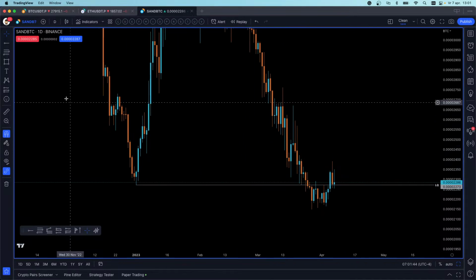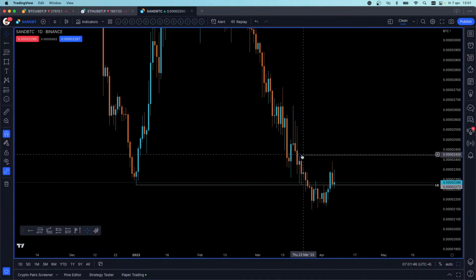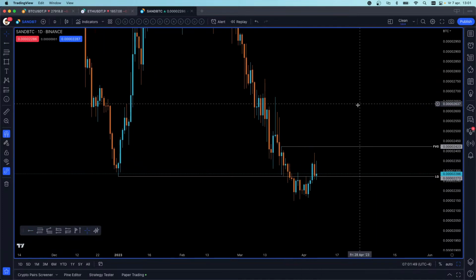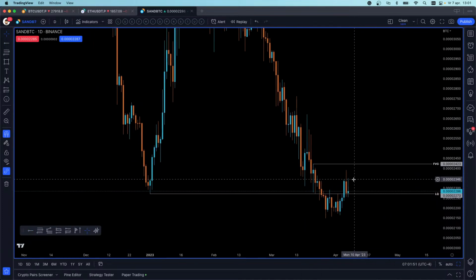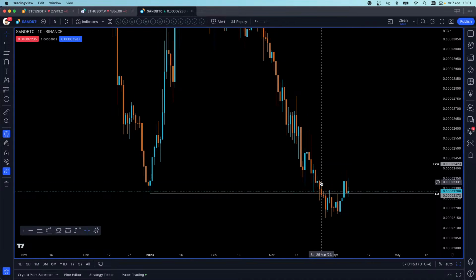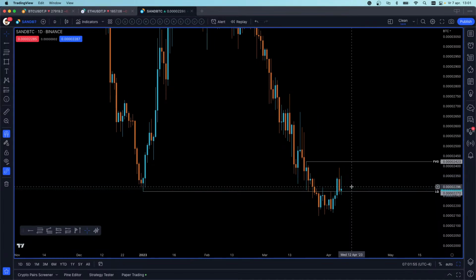Any gaps in here? See this gap in here. Anything else? Kind of messy.